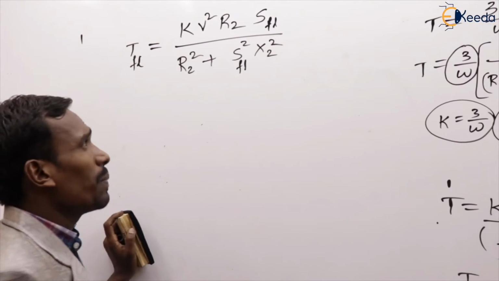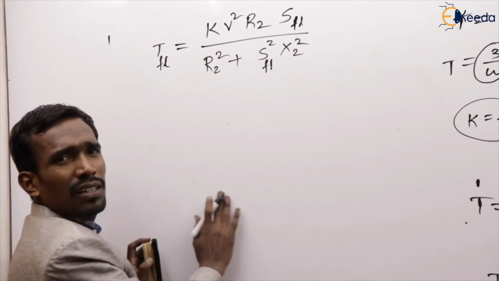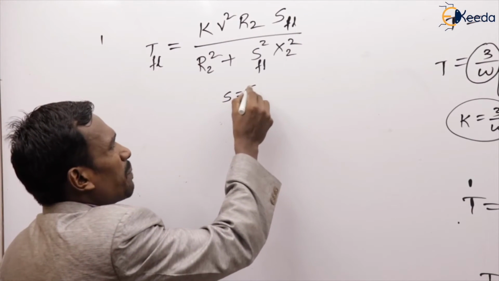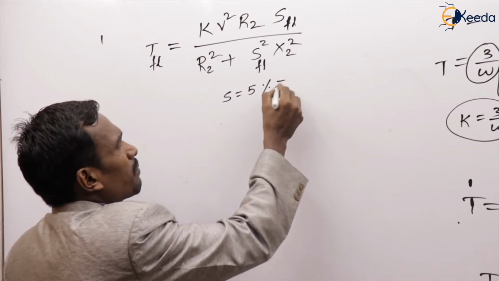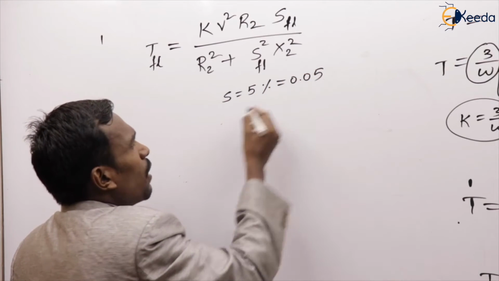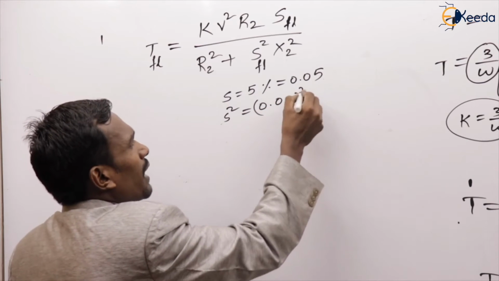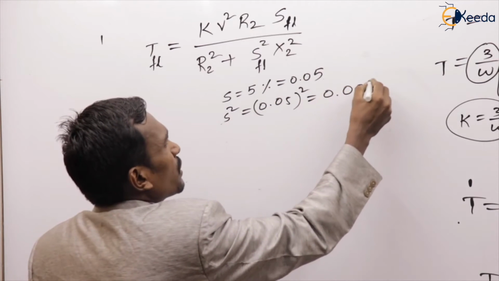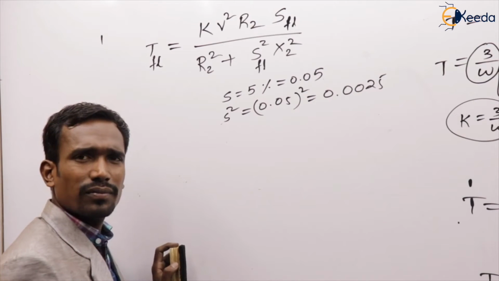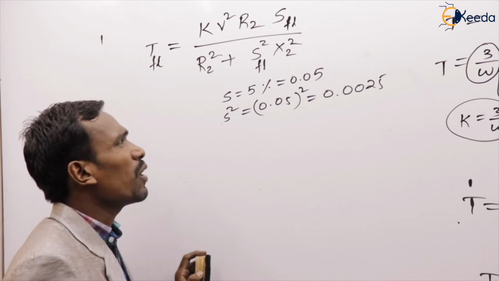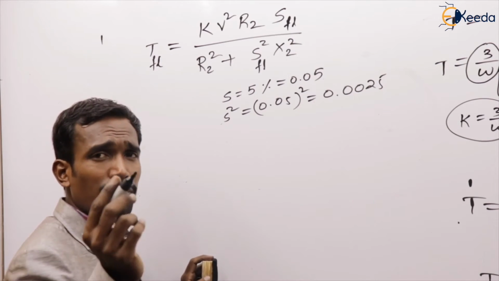Generally in this formula, if my S is equal to 5%, nothing but 0.05, what is the S square value? 0.05 whole square, nothing but 0.0025. Very small value.